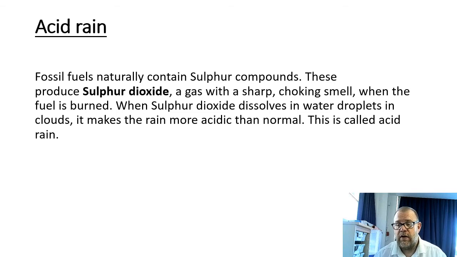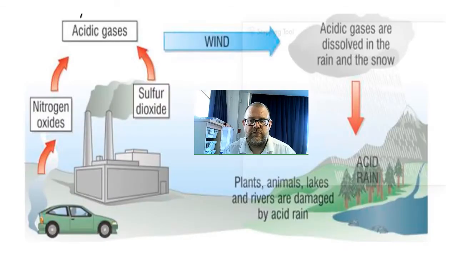So this is called acid rain. So if you've got something like sulfur dioxide, we're forming sulfuric acid. If we've got nitrous oxide, we're forming nitric acid. So it forms an acid.